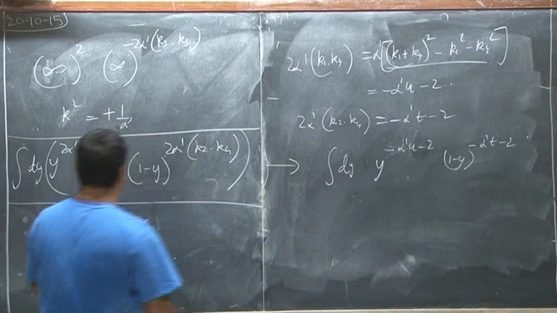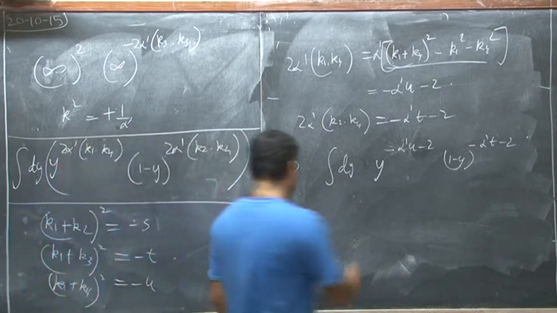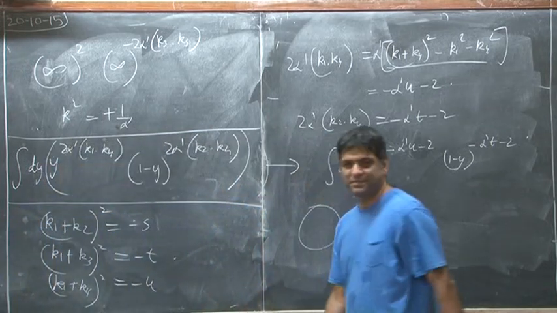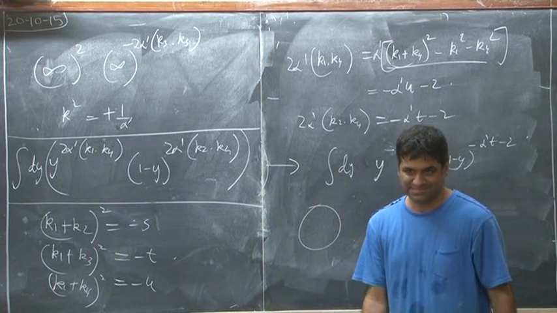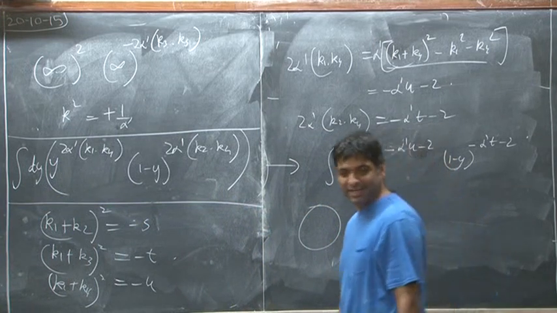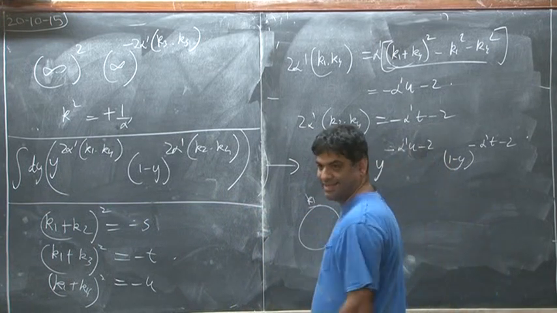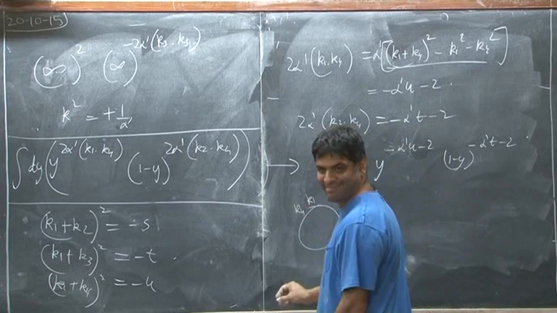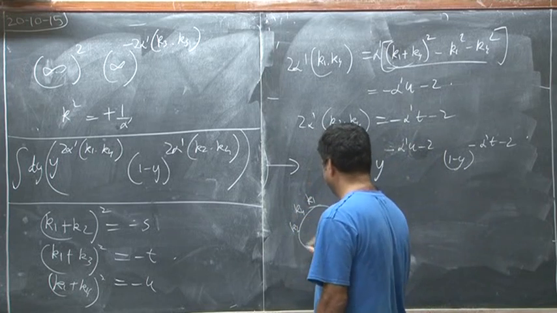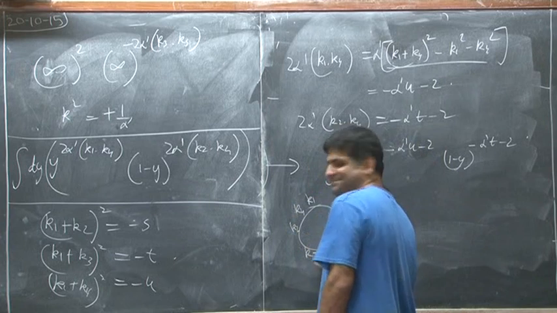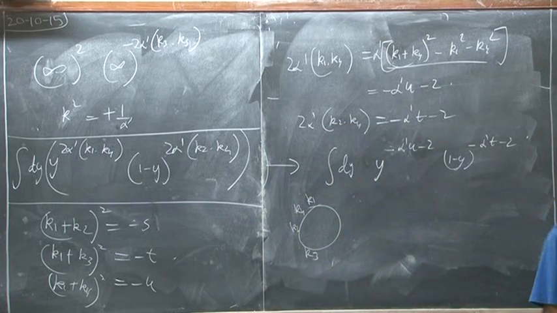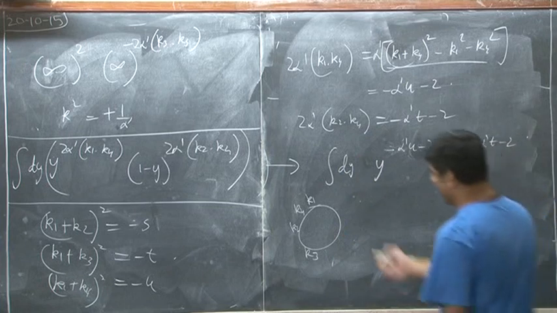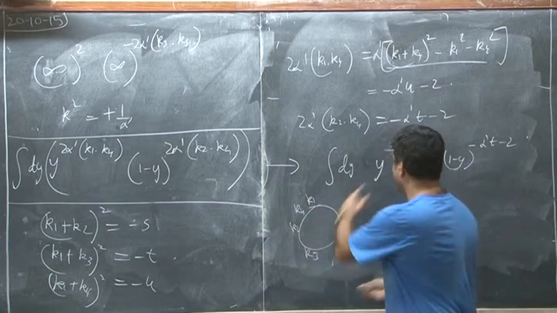So what has this part done? It has taken into account the ordering k1, k4, k2, k3. Okay? This ordering gave us this answer.